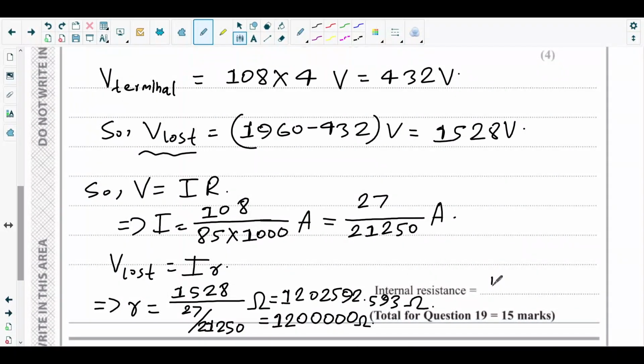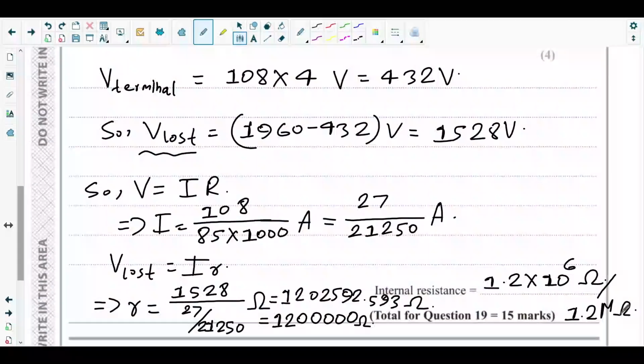So 1.2 × 10⁶ ohm, or you can say 1.2 mega ohm. That would also work, because 10 to the power 6 in prefix is mega.